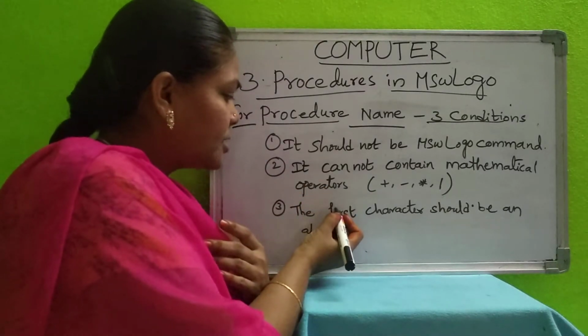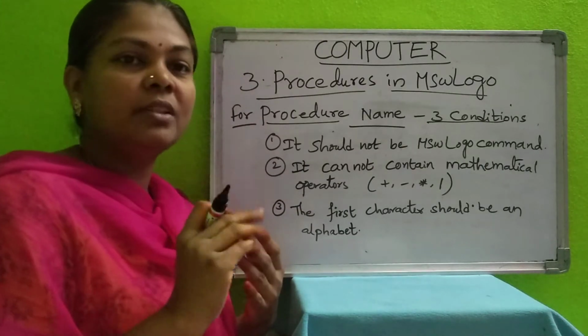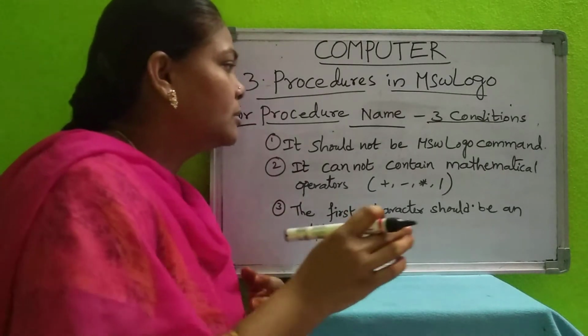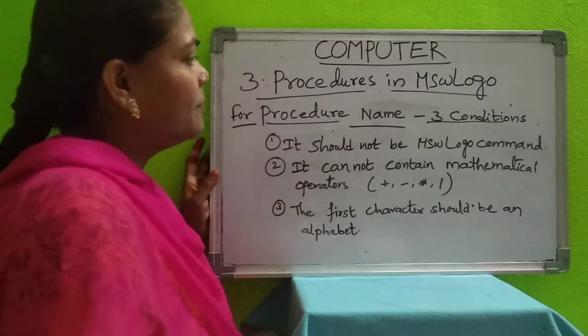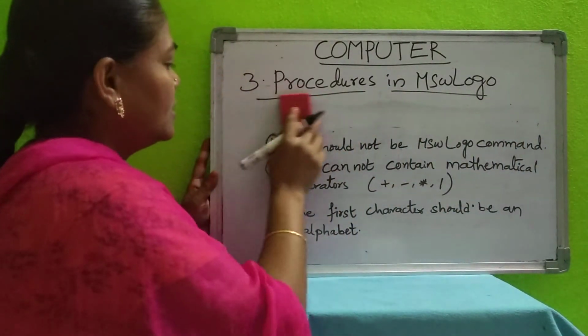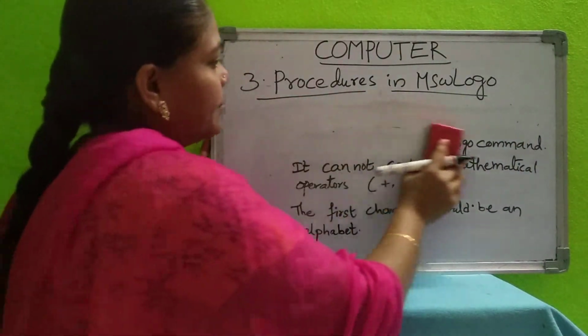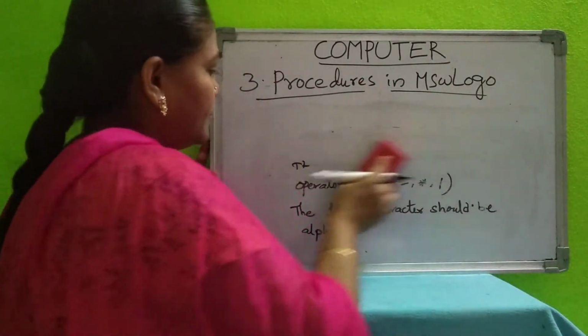And the third condition is the first character should be an alphabet. It should start with a letter. So these three are the conditions we have to follow to give any procedure name. Okay, now we will see how to edit, how to write a procedure, and how to save it.